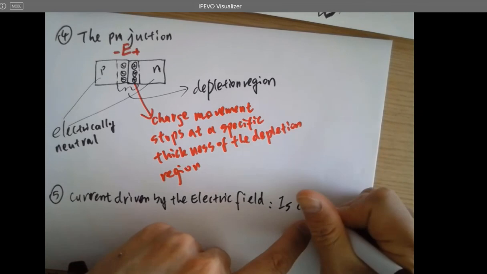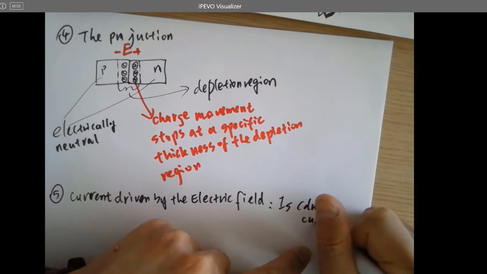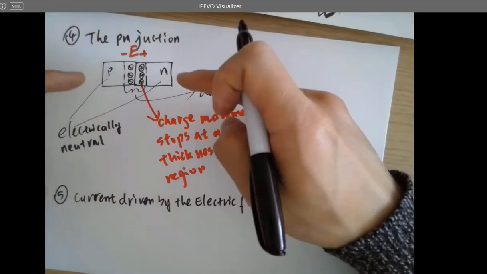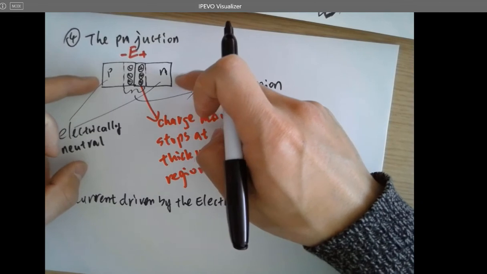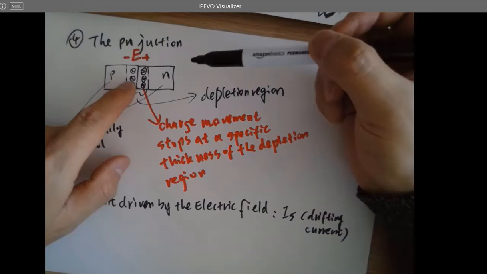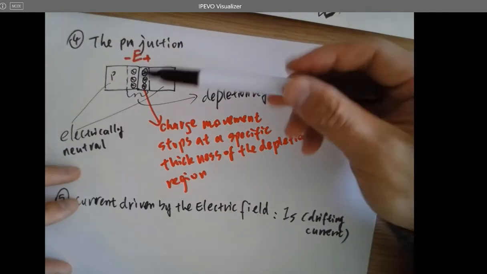It's called the drift current. In the future, if you apply voltage to the two terminals of the diode, any current that flows in that direction is called IS. So what's the direction of IS?